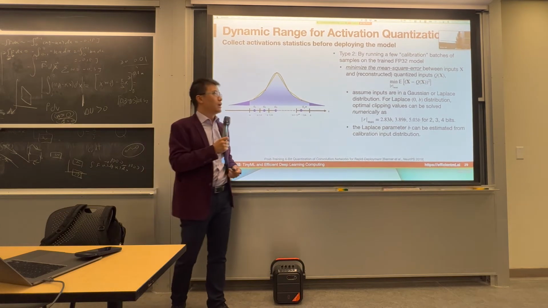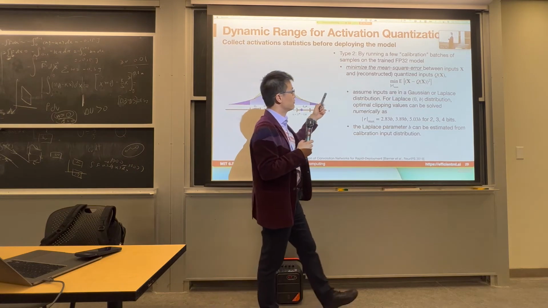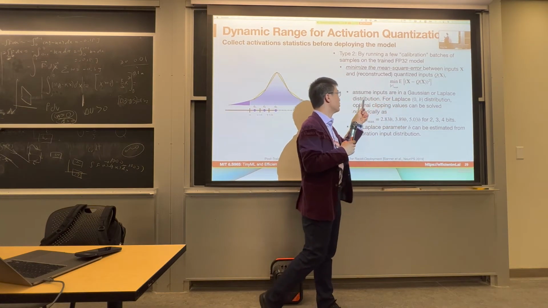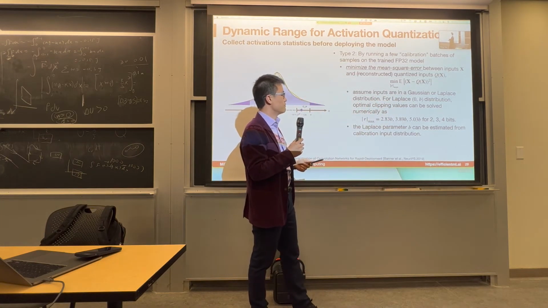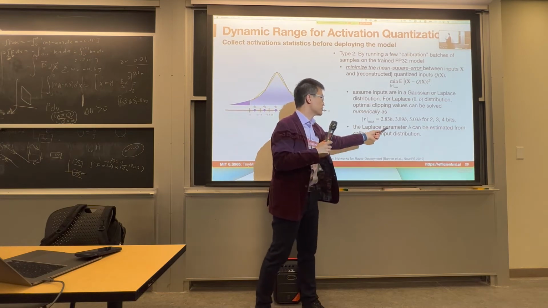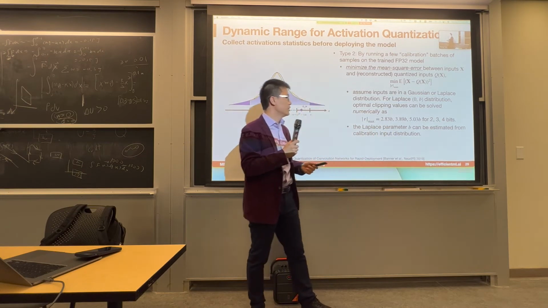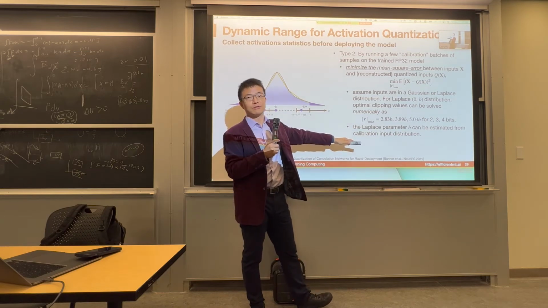There are several assumptions. If the inputs are in, for example, Laplacian distribution, then the Laplace parameter B can be estimated from the calibration of this distribution.